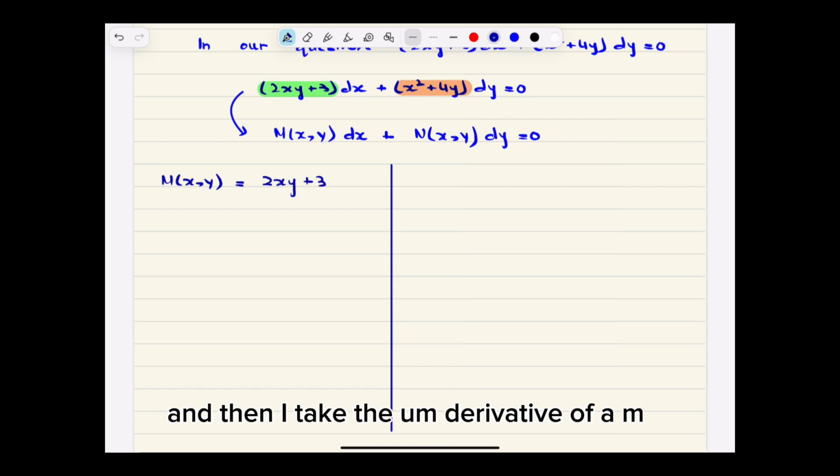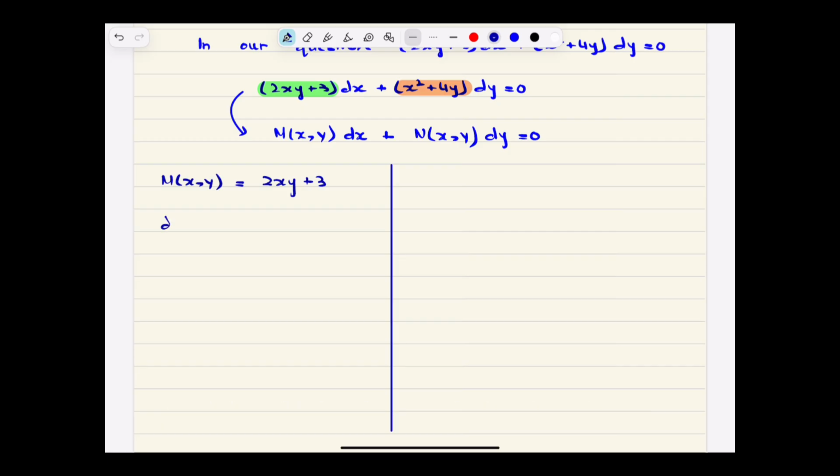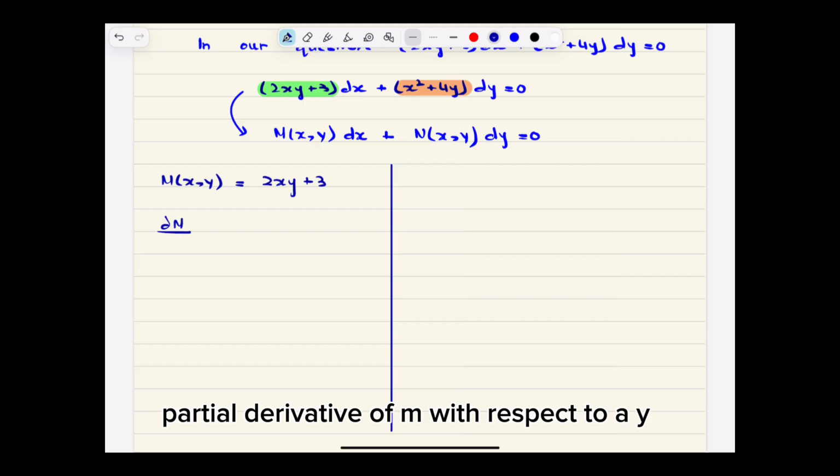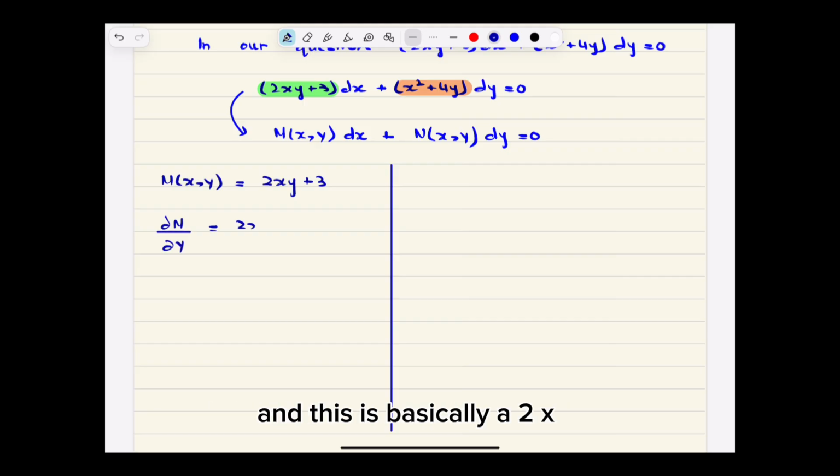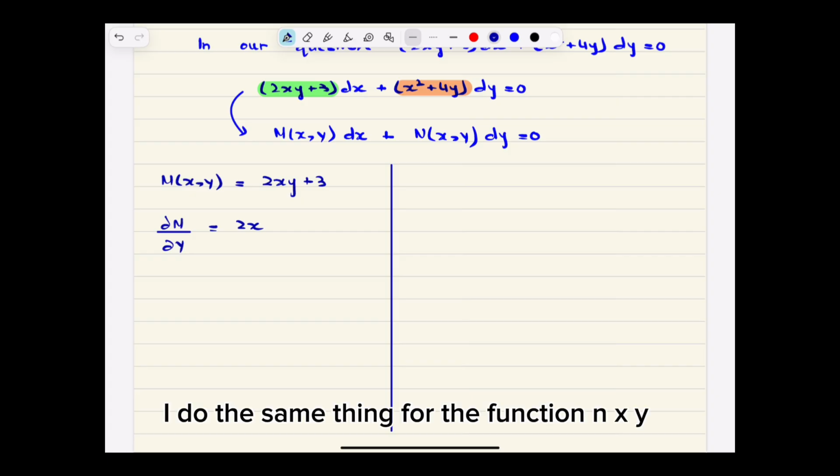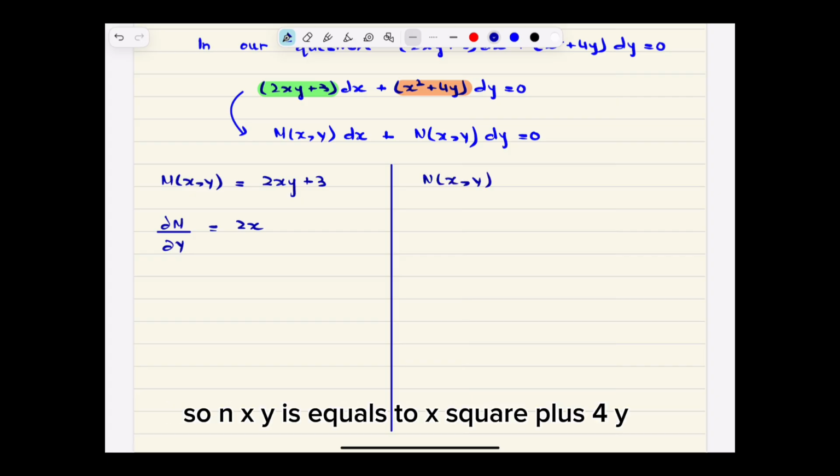And then I take the partial derivative of M with respect to y, and this is basically 2x. I do the same thing for the function N(x,y), so N(x,y) is equal to x square plus 4y.